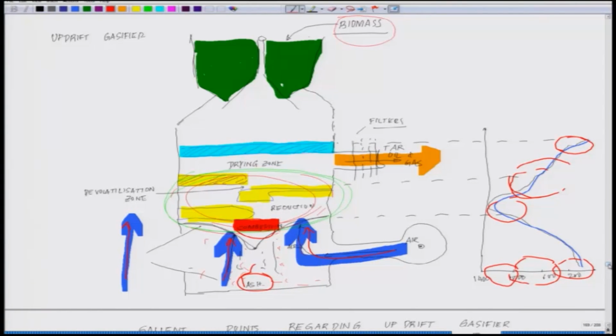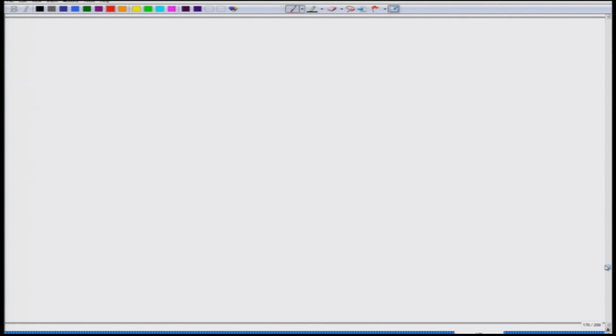So, the next important point for you people to remember is, higher up the gasifier again, the biomass is spiralized in the top zone.